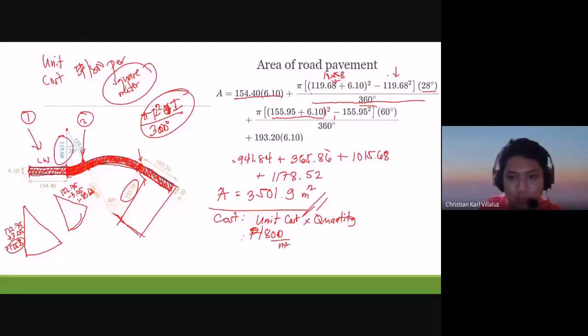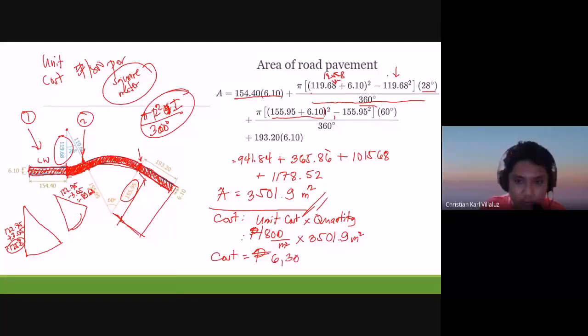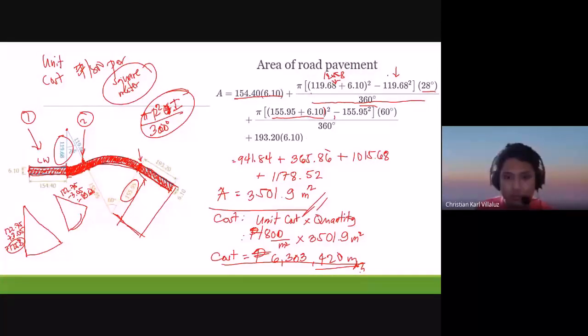Multiply the area, 3501.9 square meters. The cost is 6,303,420. So for a 500 meter road, inabot ng 6 million yung cost.